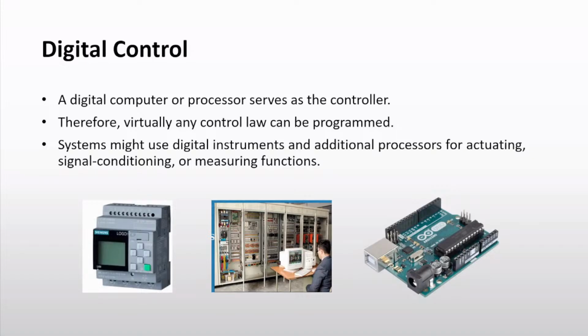Actually, there are some other intermediate devices like signal conditioning units, ADCs, that means analog to digital converters, and DACs, digital to analog converters as well. The driver circuits also can be considered as intermediate devices.